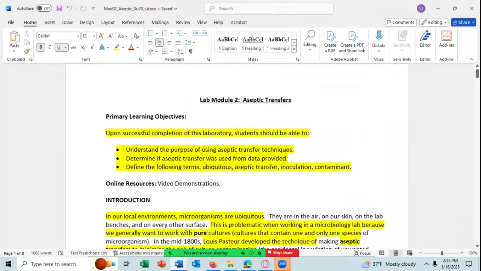The learning objectives for this lab are: 1, understand the purpose of using aseptic transfer techniques; 2, determine if aseptic transfer was used from the data that's provided; and then 3, be able to define the following terms: what is ubiquitous, what is aseptic transfer, what is inoculation, and what is a contaminant. Any question on any of that? There will be some videos in this lab.